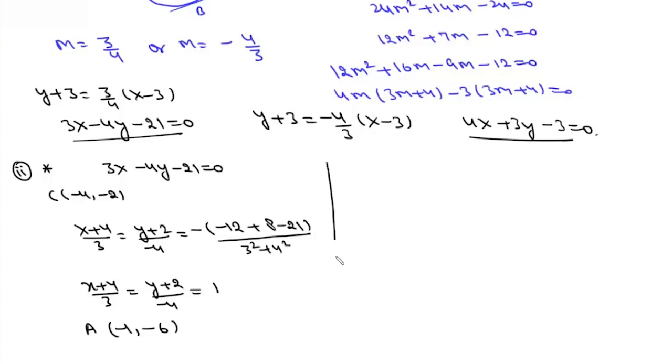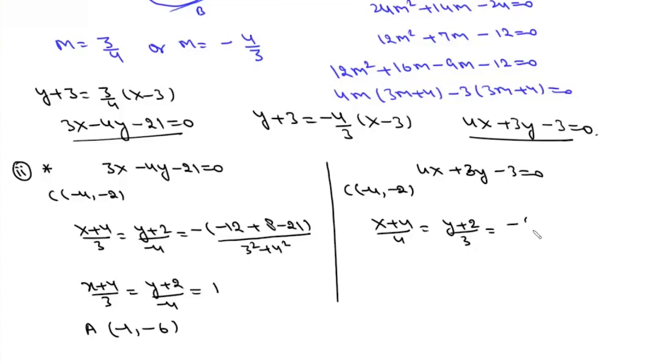And now we'll take this other equation, which is 4x plus 3y minus 3 equals 0. And now we'll find the foot of perpendicular from the center. So it will be (x plus 4) upon 4 equals (y plus 2) upon 3, and will be equal to minus of (-16 minus 6 minus 3) upon 3 square plus 4 square, which again is 1.